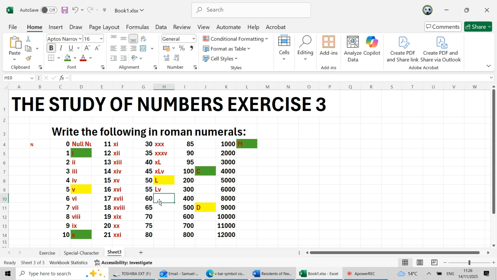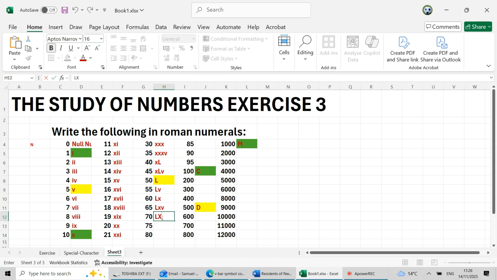60 is L, which is 50, plus 10, which is small x. Then we have 65. So our 60 is LX, and then we need to put 5, which is V. And then 70, we know that 70 is 50 plus 20.